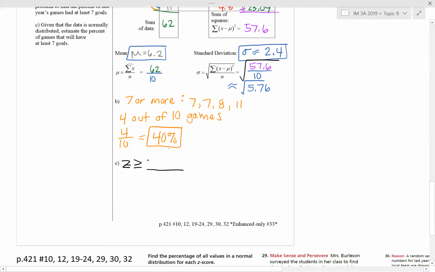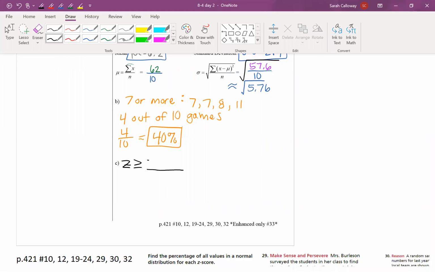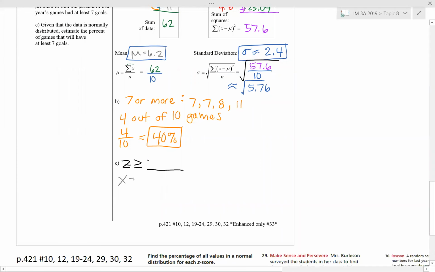The value they're looking for is 7, so we're finding the z-score when x is 7. We calculated that the mean is 6.2 and the standard deviation is 2.4. So the z-score is 7 minus 6.2 divided by 2.4.